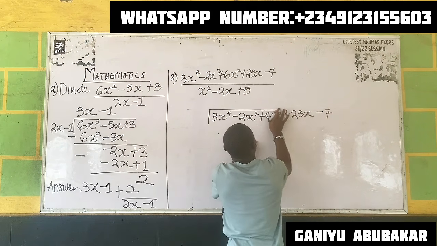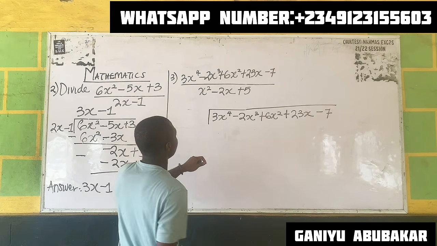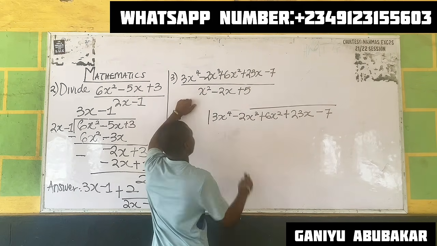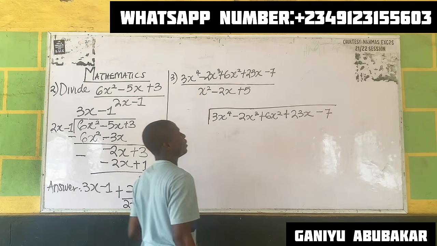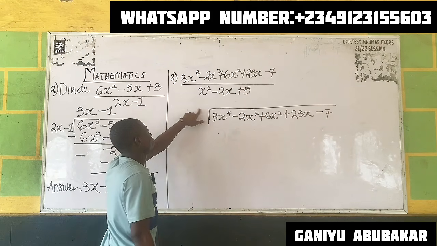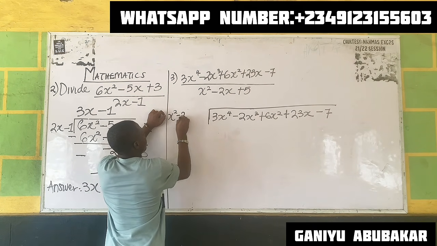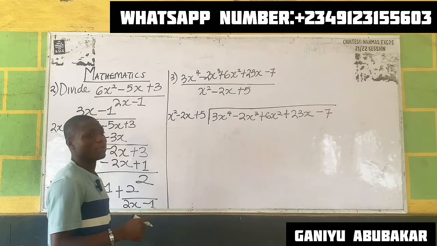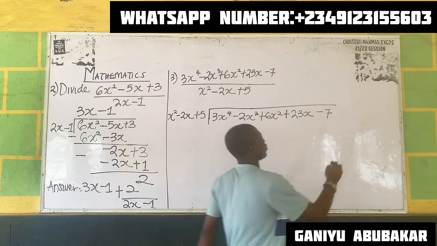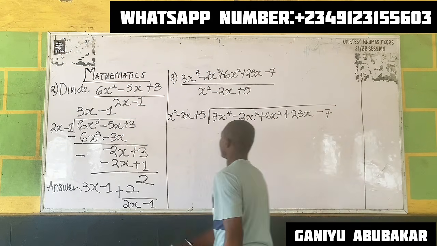So let me extend this line. All right, this is my dividend. The divisor, your denominator, gives you x squared minus 2x plus 5. So please don't look scared. You see the same concept applies. So my rough calculation should be here. All right, working stuff here.